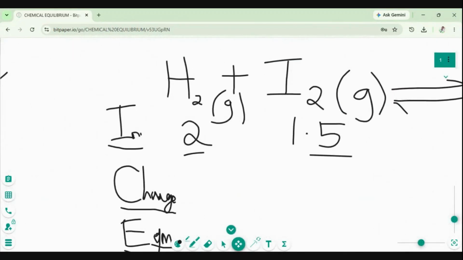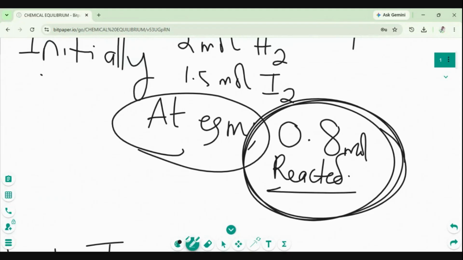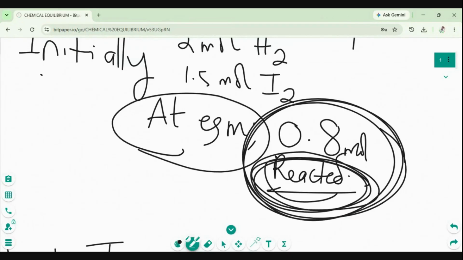If members, you had 2 moles, and we are saying that 0.8 of it is disappearing, you initially had 2, and they're saying 0.8 disappeared. When you see this word, they're telling you disappeared. 0.8 moles of hydrogen had reacted.